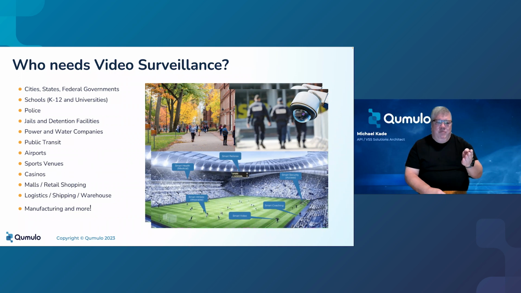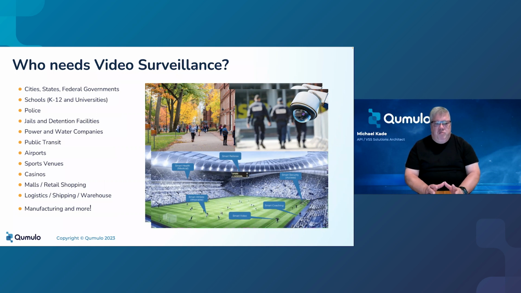Now, I like to point out that Qumulo's been successful in, I think, almost every single one of these with video surveillance. Ones that are very public, if you will, and that we're quite proud of.